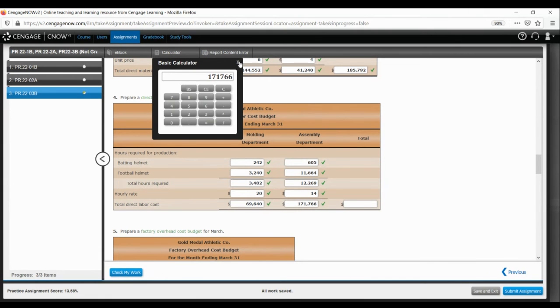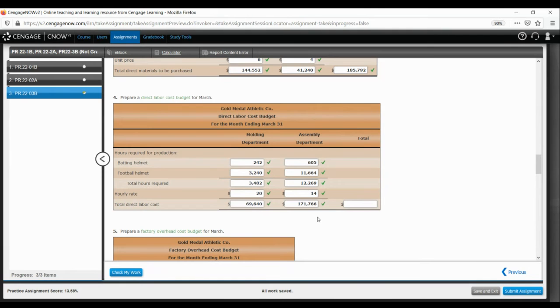And then finally, on the direct labor cost budget, we're going to add the two departments together.